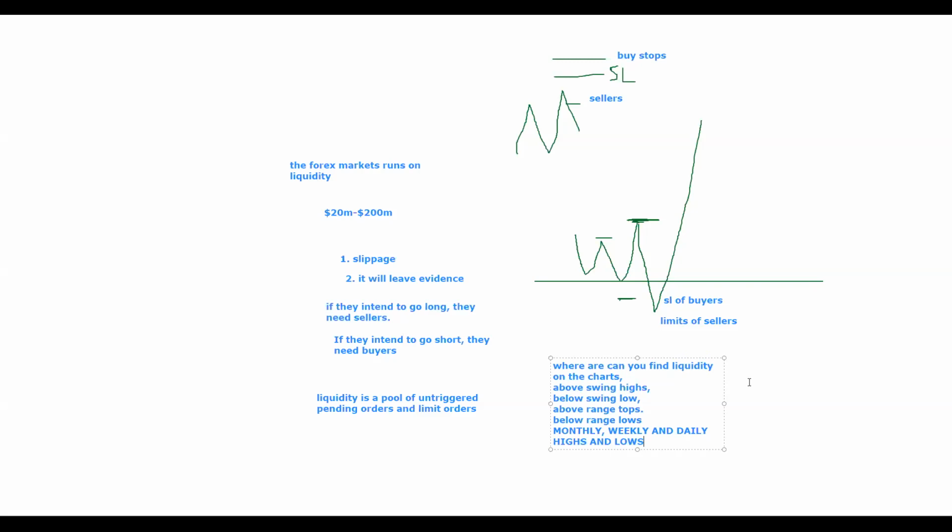So you need to think like an institutional trader. If you need to find liquidity, where would you find it? Once you understand where the liquidity is, you would not fall victim to the liquidity hunt.